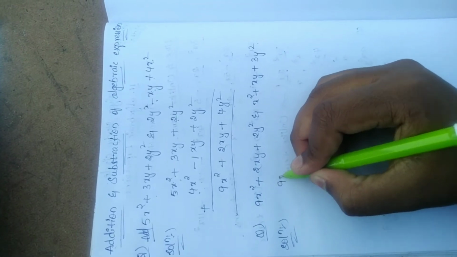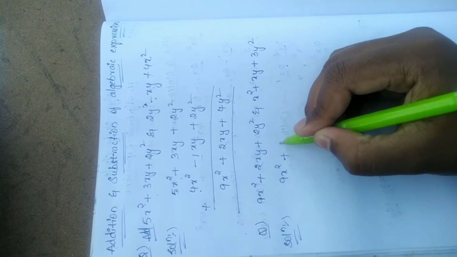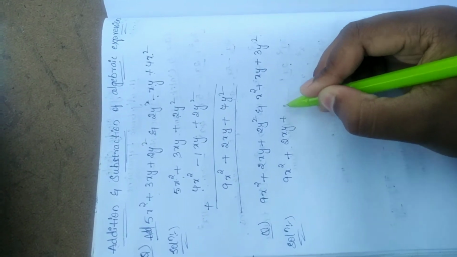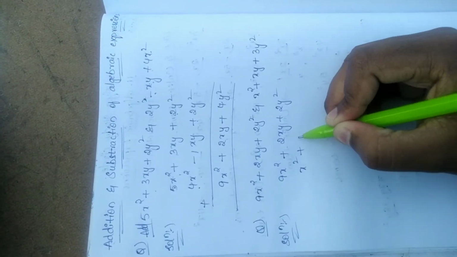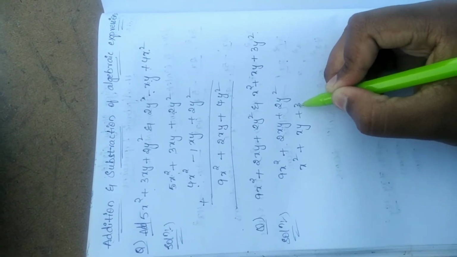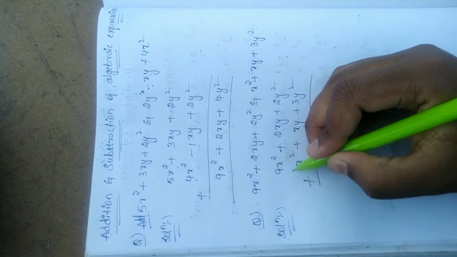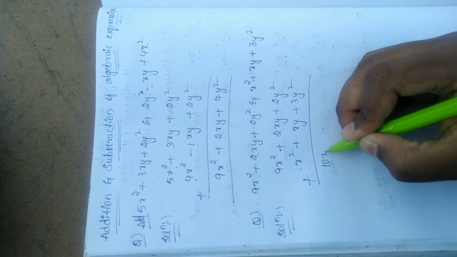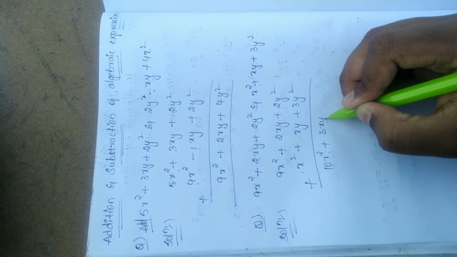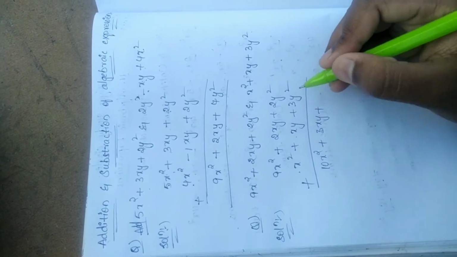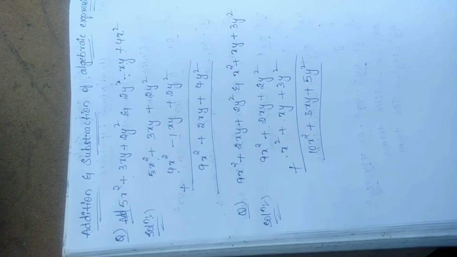We have to write the same variables on one side. 9x square plus 2xy plus 2y square. Next one is x square plus xy plus 3y square. Let's do the addition. 9 plus 1 is 10x square, plus 2 plus 1 is 3xy, plus 2 plus 3 is 5y square. This is the solution for this problem.